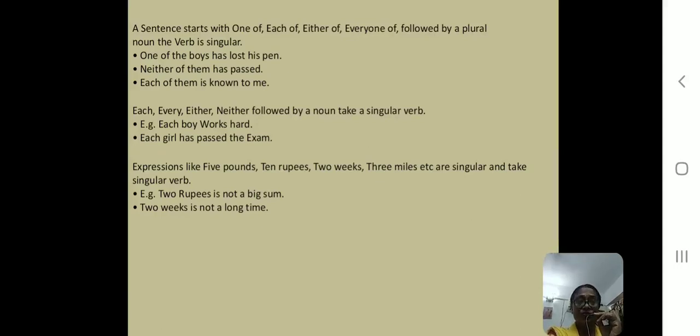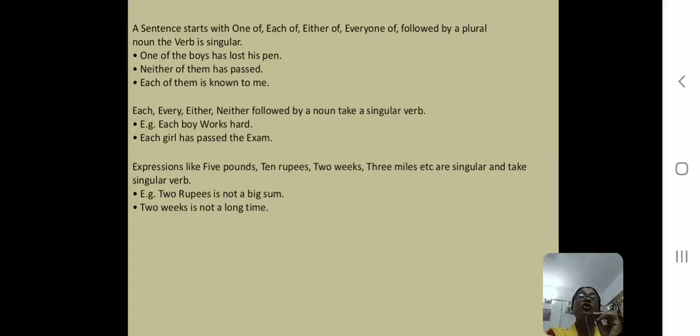Next rule is, expressions like 5 pounds, 10 rupees, 2 weeks, 3 miles, etc. All these quantitative things. Here you will see they are singular and take a singular verb.